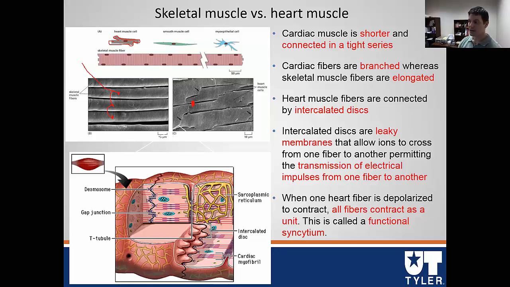When one fiber is depolarized to cause a muscle contraction, all the fibers next to it contract as well. It has a special name: a functional syncytium. Again, as one contracts, all of the fibers around it will contract at the same time.